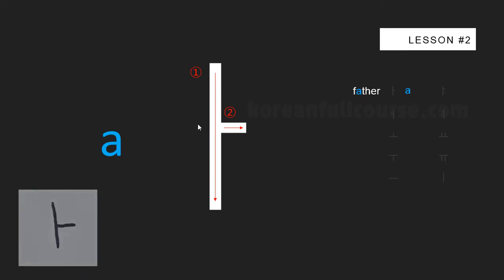And when you see a horizontal stroke, draw it from the left to the right. Okay, so this letter is A, and it sounds like the letter A in the English word father. A.